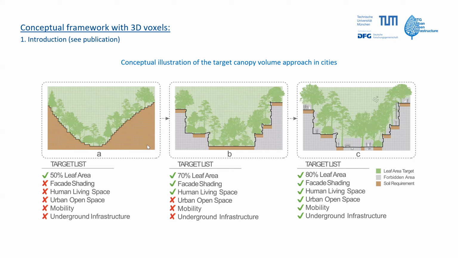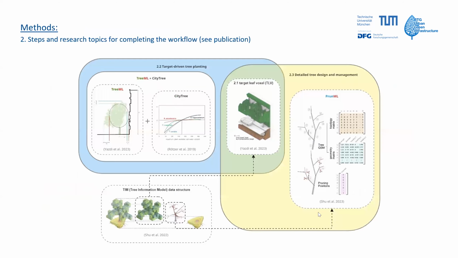Next, by taking different functional requirements in the cities into account, the possible target leaf voxels will be reduced. This leaves room for other functional activities such as facade shading, human living space, urban open space, mobility, and also underground infrastructure.